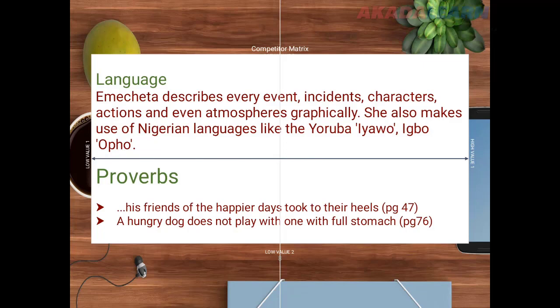"A hungry dog does not play with one with a full stomach." One who is very hungry, one who is suffering, does not go and play with one who has finished eating and has fed very well. You will not have the strength, and you feel super jealous and envious, and then negative thoughts will come into your head. That's what she was trying to explain. There are other proverbs in that book if you read it well.